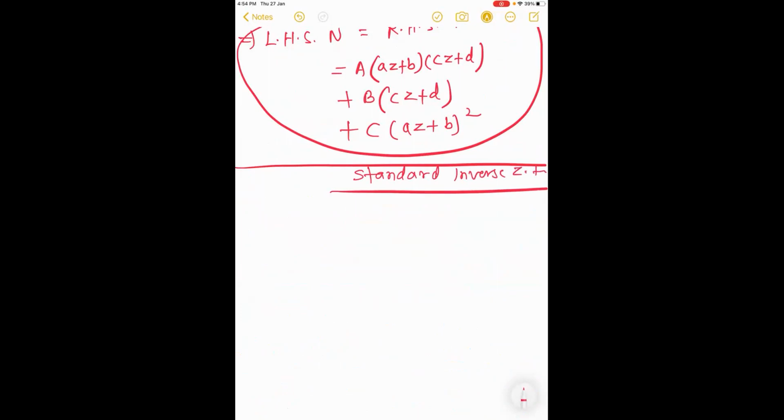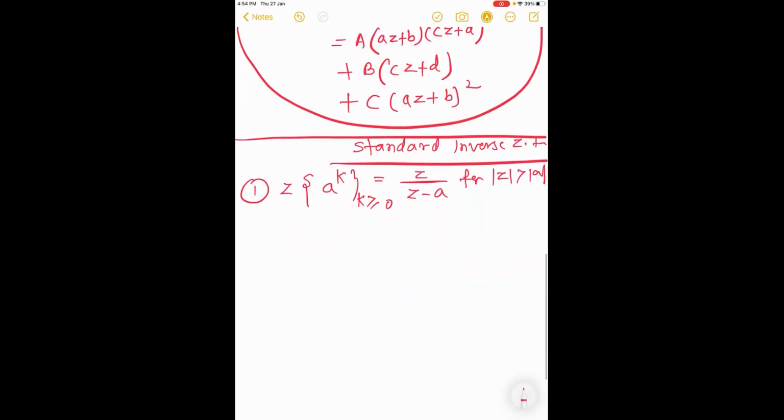Suppose I know the Z transform of a raised to k, for k greater than or equal to 0. What is the answer? Z upon z minus a, for mod z greater than mod a.